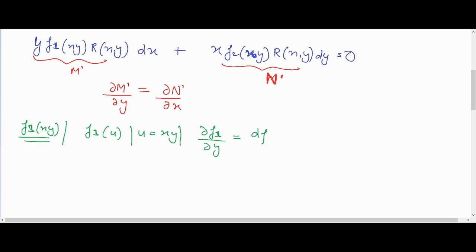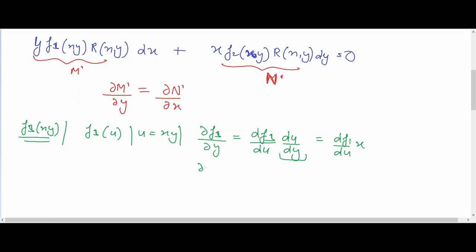So we have to write df1 by du, because f is a function of u, then take derivative of u with respect to y, du by dy. Now du by dy is clear, du by dy will be x, so this will become df1 by du times x.